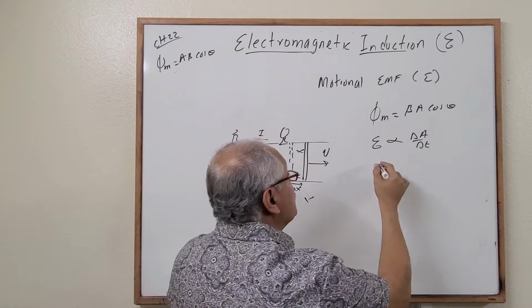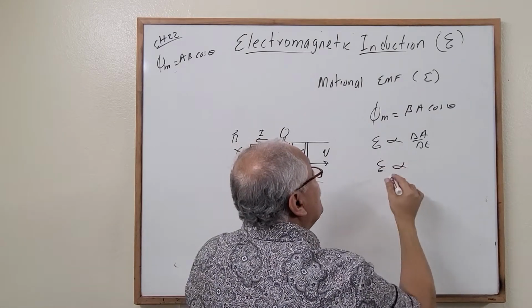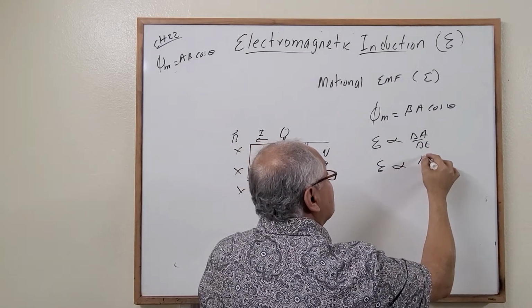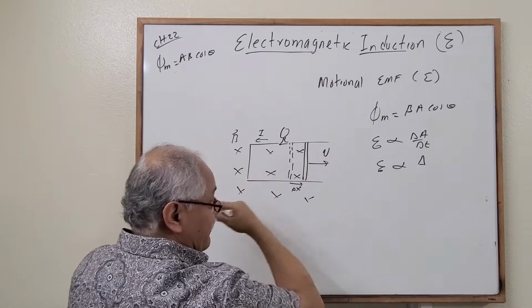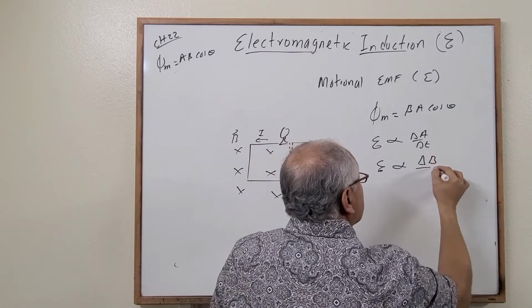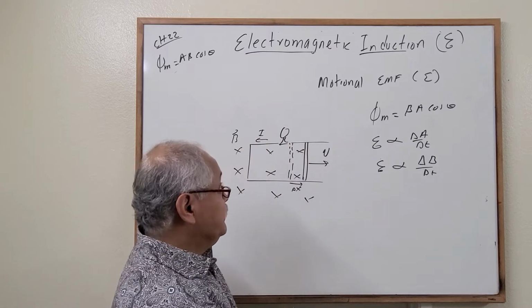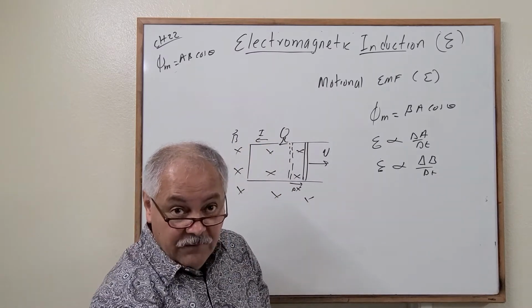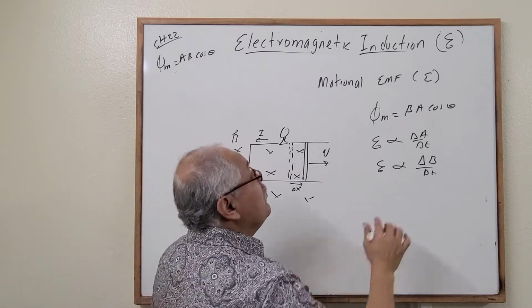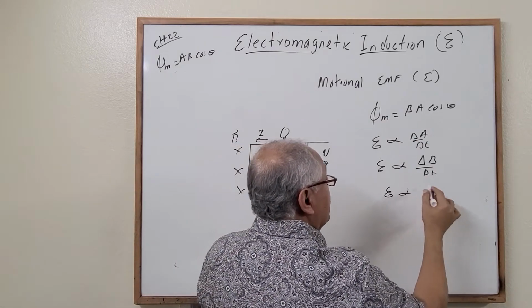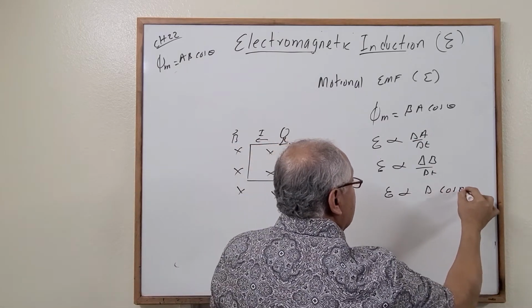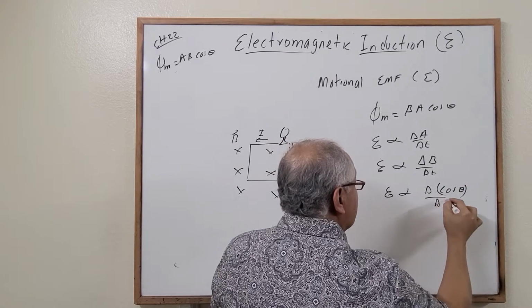Okay, also when we change the magnetic field with respect to time, we also induce an electromagnetic force. Also, when we change the angle, or in this case cosine theta, with respect to time.